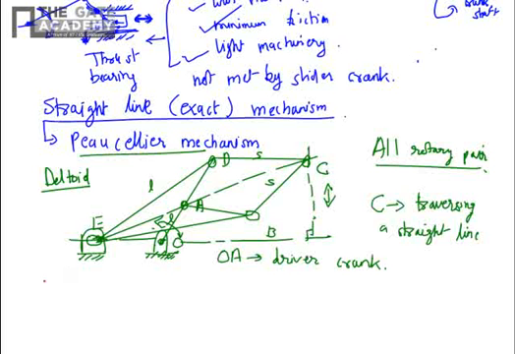Another category in the exact straight line motion is Hart's mechanism. We have seen earlier in GATE examinations some questions have come asking under which category of straight line motion mechanism Hart's mechanism comes. So this is an exact straight line mechanism. I'll draw a sketch for you of this mechanism.